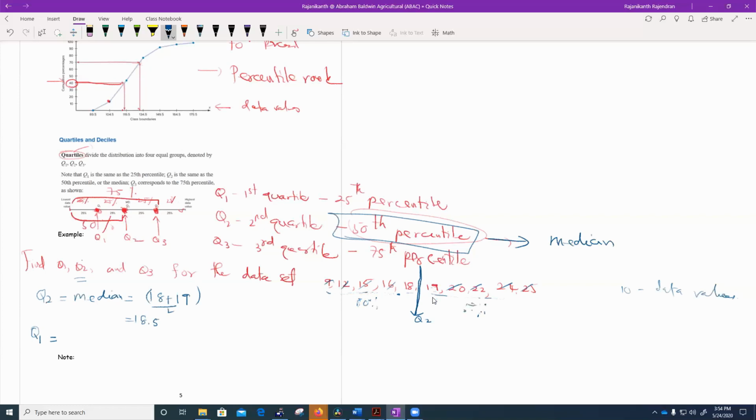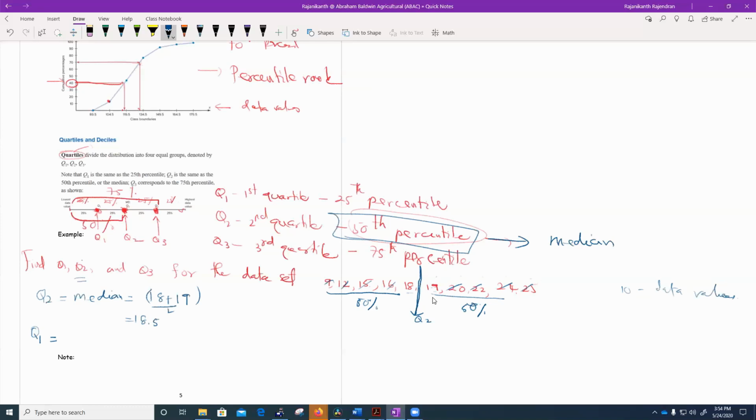You have to have the same number of data values on both sides of the median. So remember, I have 1, 2, 3, 4, 5, and 1, 2, 3, 4, 5. There are 5 data values on both sides. It should be the same. Now, Q1, the first quarter, will be 25% of your entire data, in other words, half of 50, right?